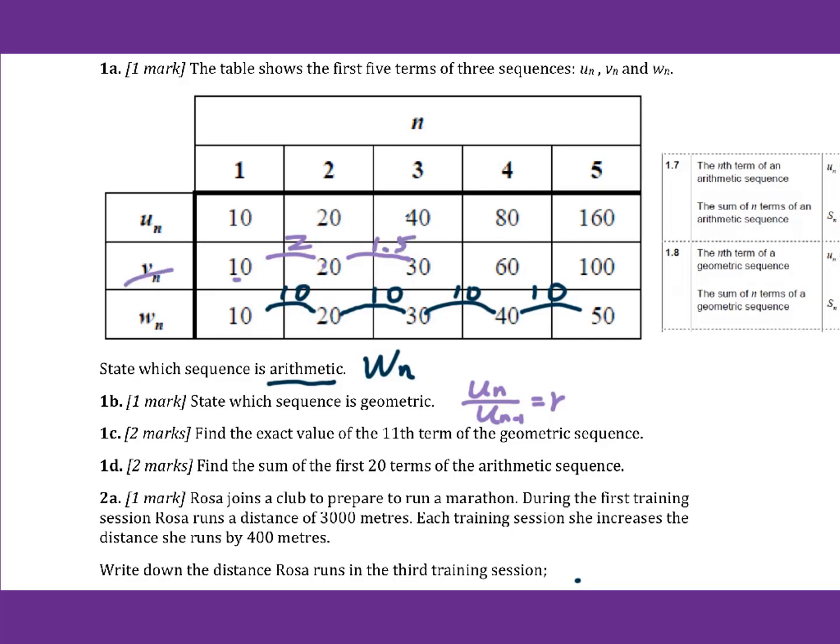It's not a geometric sequence. Check here, 20 divided by 10, that's 2. And 40 divided by 20, that's 2. Keep doing. We know u sub n is a geometric sequence.